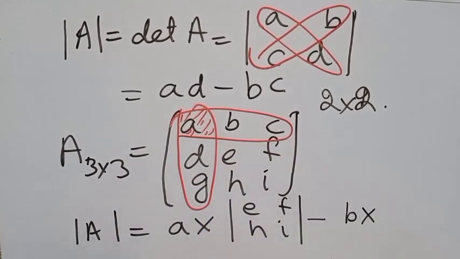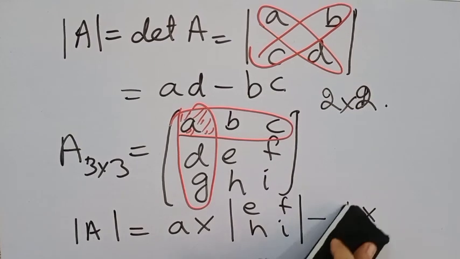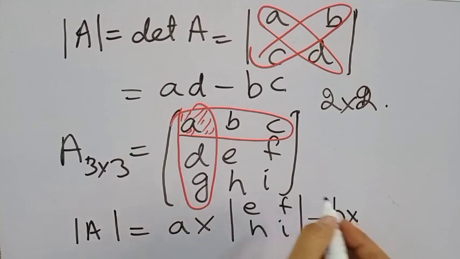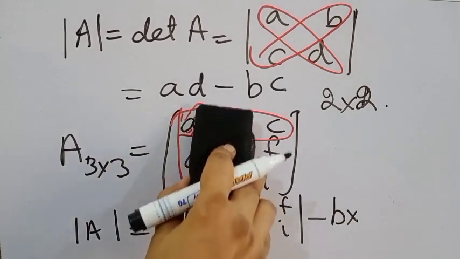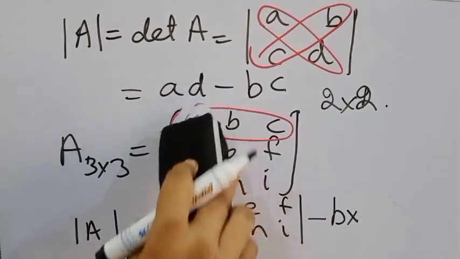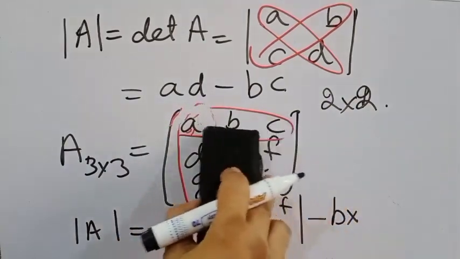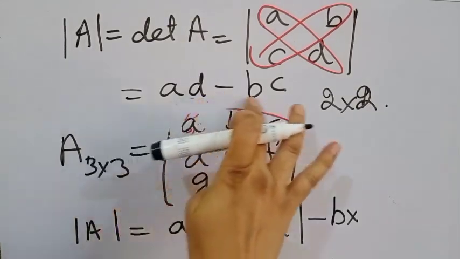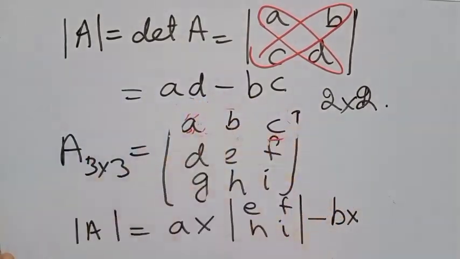It is very important to note that when we take an element, we exclude its row and column. Now we have to take element b.